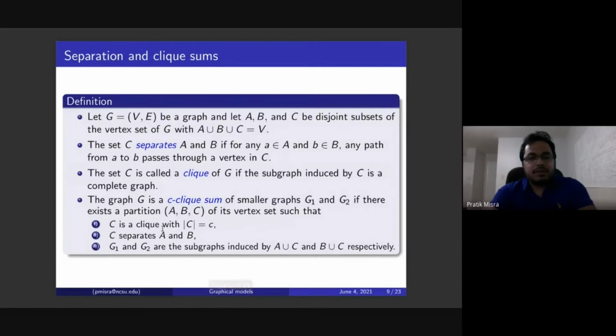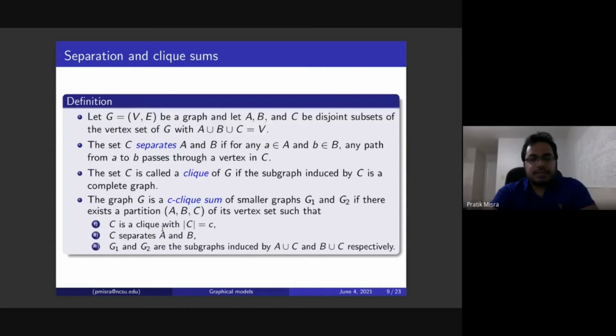Now let's look at some terminology for graphs. So if you have a graph G with vertex set V and edge set E, and let's say A, B, C are some disjoint subsets of the vertex set such that their union is the entire set V, then we say that the set C separates A from B if for any a in A and b in B, any path from a to b passes through a vertex in C. So this is a generic definition of separation.